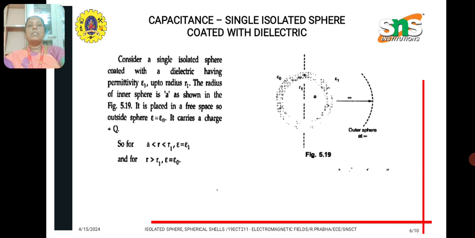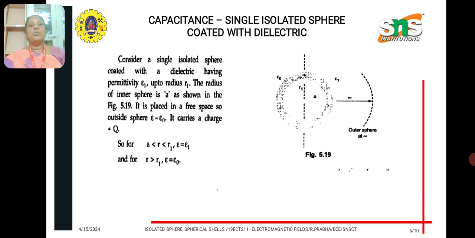The radius of the inner sphere is A, which is shown in the figure, and it is placed in free space. So outside the sphere, epsilon is equal to epsilon naught. Only the inner sphere is coated with dielectric material, and there is no outer sphere, it is at a large distance, so the medium is air and the permittivity is epsilon naught.